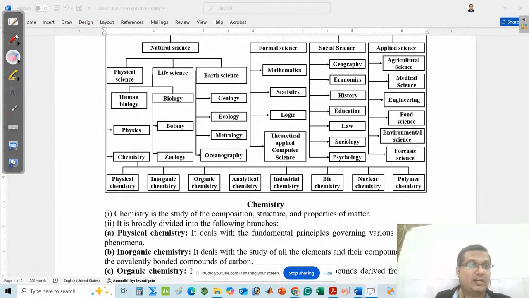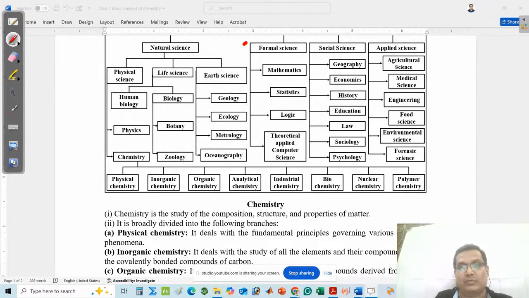You can find out or study the climate changes by studying meteorology. Next is your oceanography. It is your Mahasagara Sambandhiya Vigyana. Here you know the details about the ocean. This is all about the natural science.